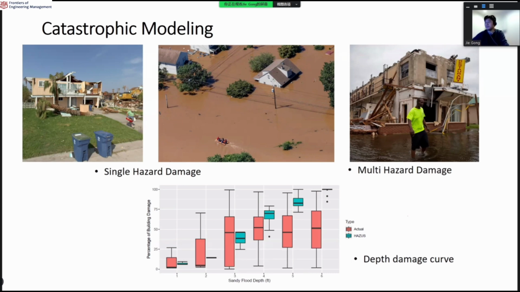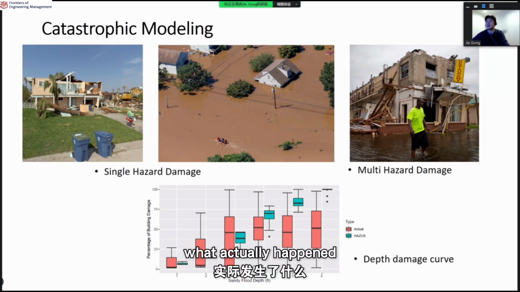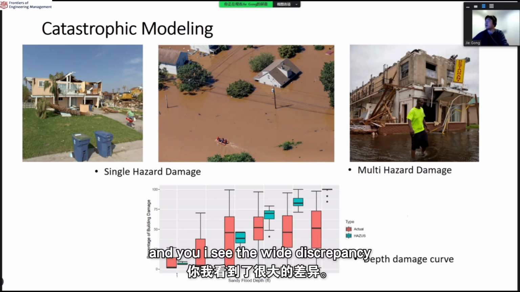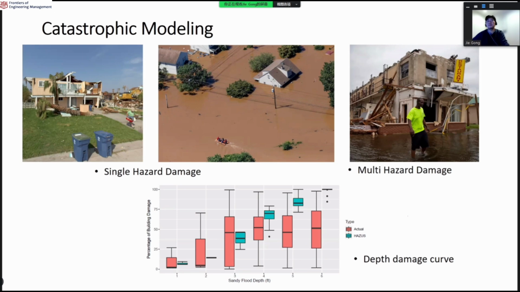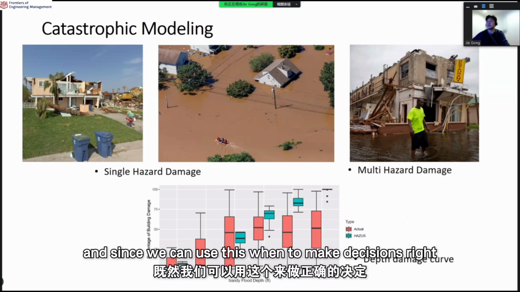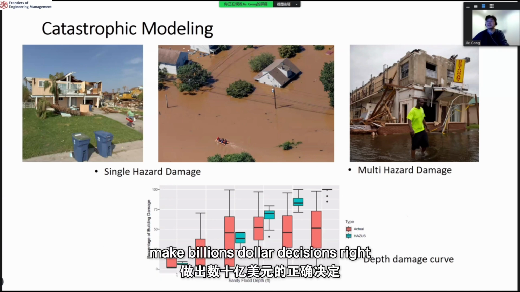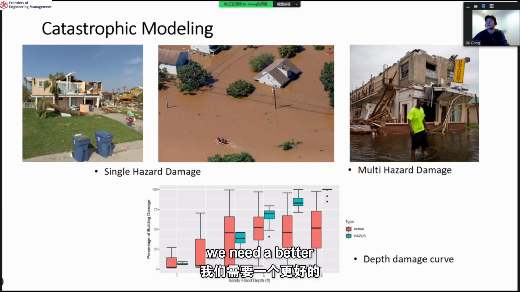The red one is what actually happened in the field, and you see the wide discrepancy. This is a problem, and not a trivial one, because we use this to make decisions, billion-dollar decisions. So we need better damage models.